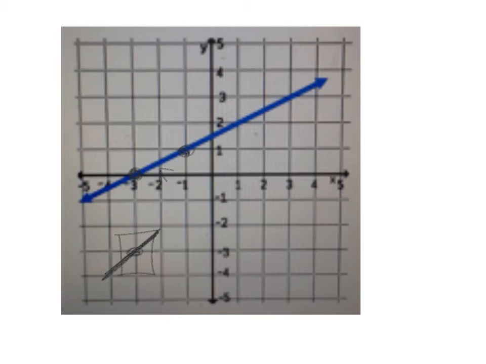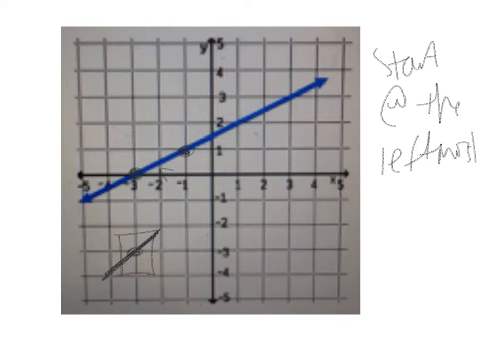Okay, now that I have my two dots, we're always going to start at the leftmost every single time. You start at the leftmost dot. So I'm going to be starting at this one. Okay. Once again, it's rise over run. Okay. And once again, that's boxes up or down over boxes to the right.